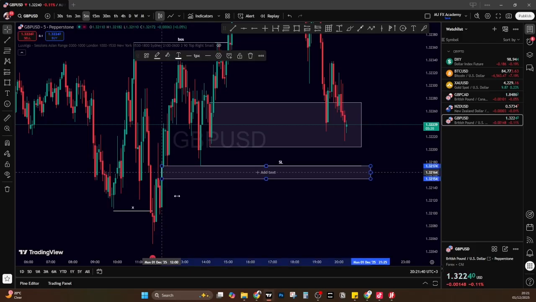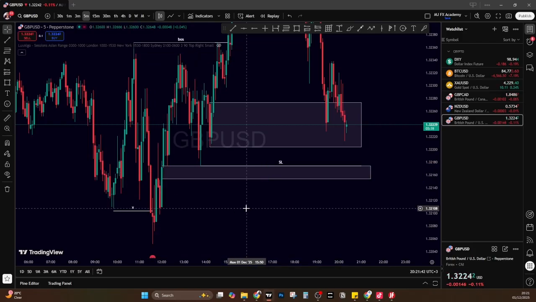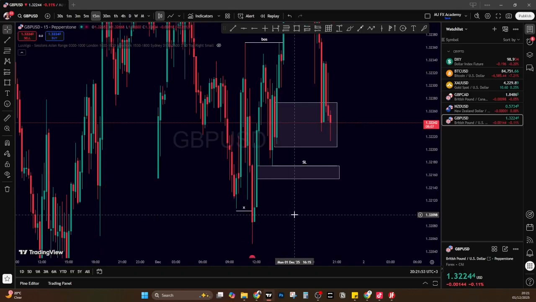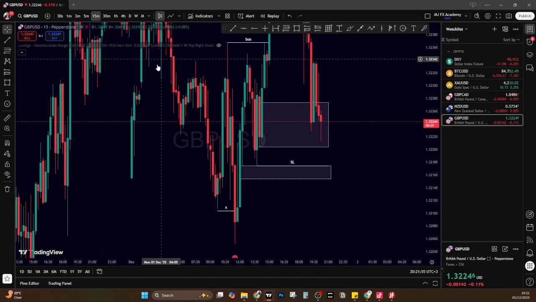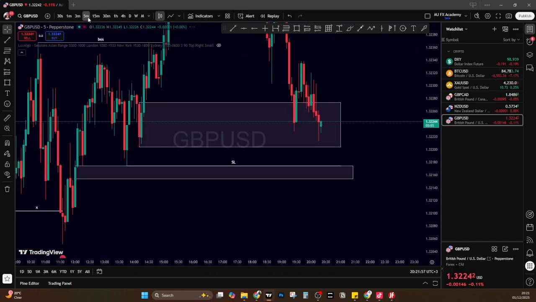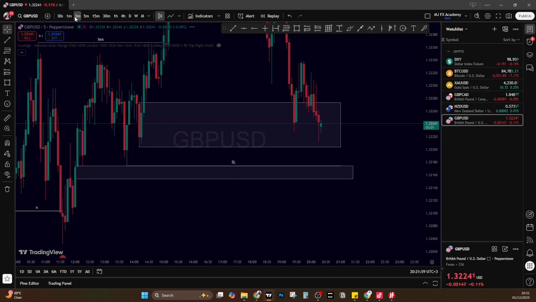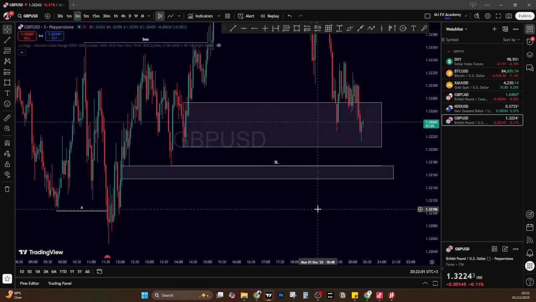Now, in the lower time frame, never take an order block that is above FVG in the lower time frame, because this is 5 minutes. This FVG, when you go to 15 minutes, you cannot see it. I can only see it in 5 minutes.